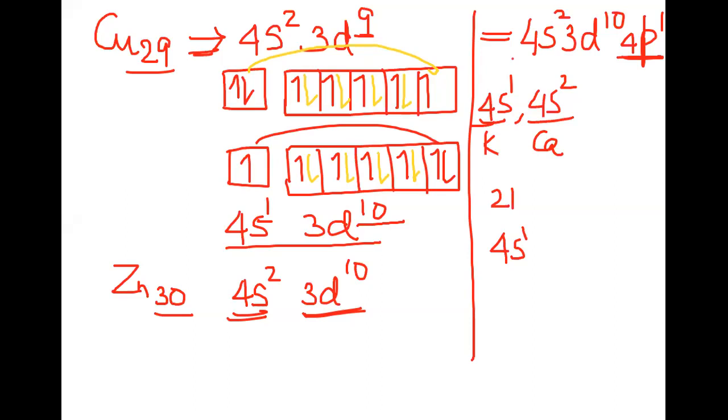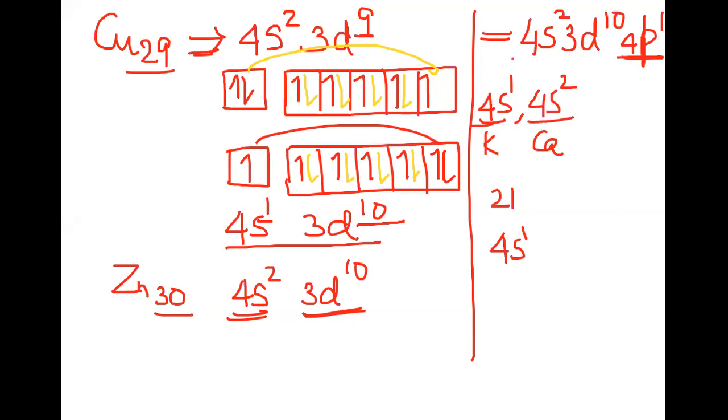All right. Now, why is it that these half filled and completely filled orbitals are more stable? It is because there is a term called exchange energy. All right. These electrons can actually exchange places. It's something like resonance that you study in organic chemistry, where they can change places.